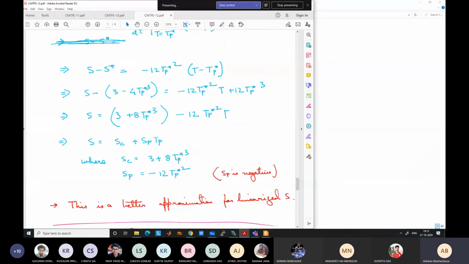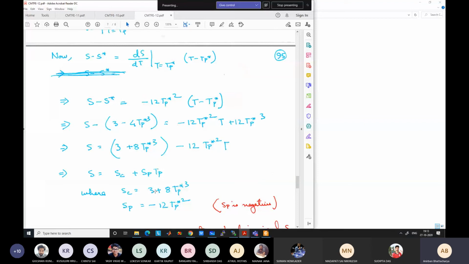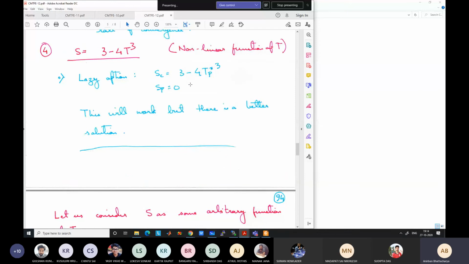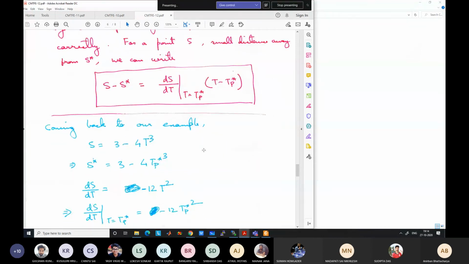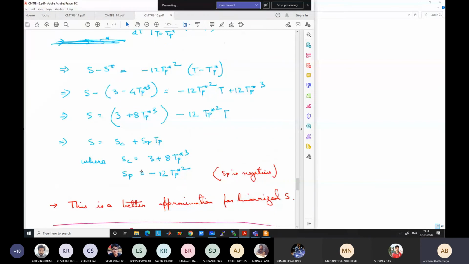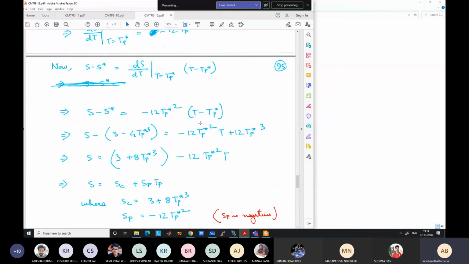However, other approaches are also okay. This is the best approach, but you can take this also, like what I have shown. I can take anything with negative SP, meaning I can take SP equal to minus 2 TP star squared and dump everything else in SC. So what will be this value? 3 plus 6 TP star cubed, because these two should always add to minus 4, which was our case here.